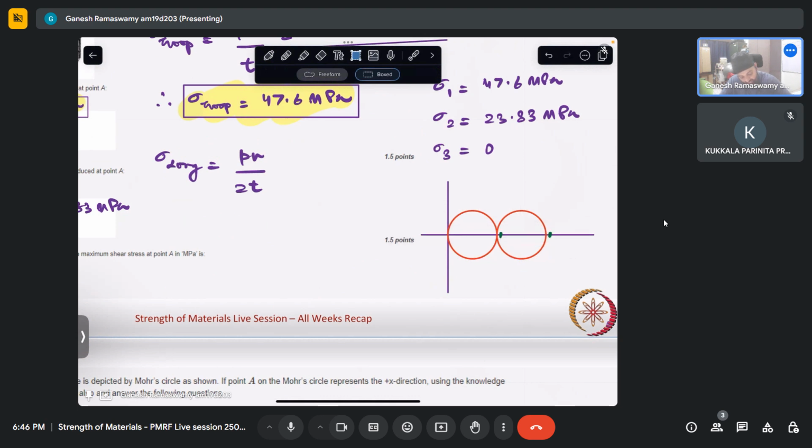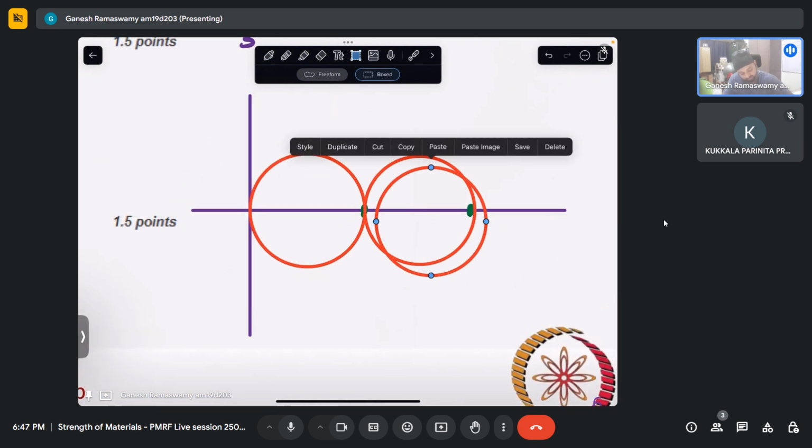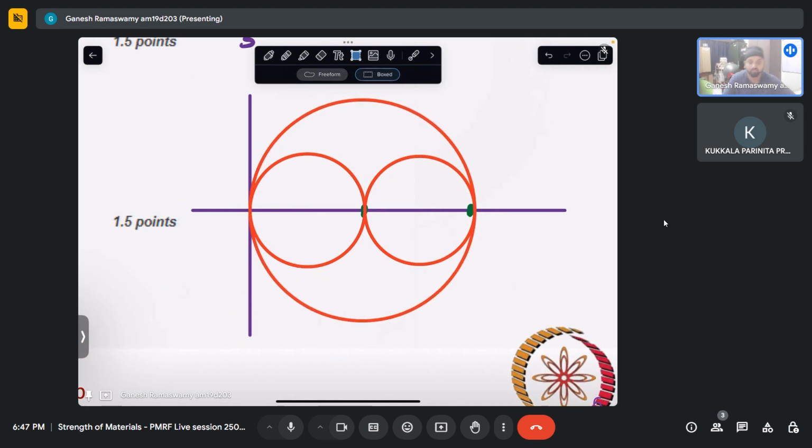So I can just make this a little bit bigger. Yeah, it will be like that. So two of the three Mohr circles is like this. The third one will actually be this one, because sigma 3 is 0. Sigma 1 and sigma 3 circle will be this.